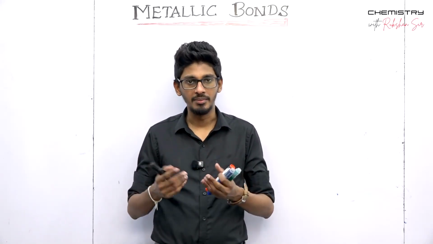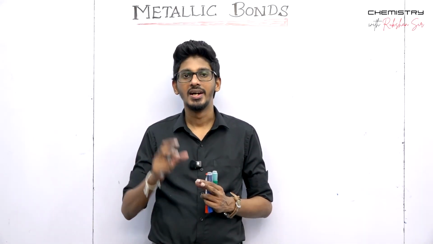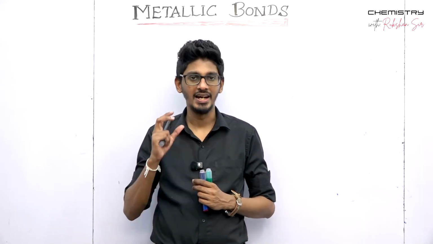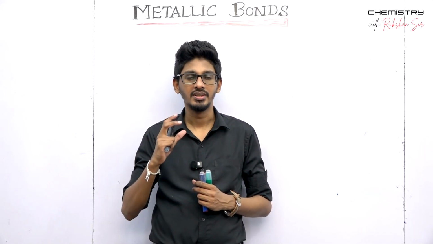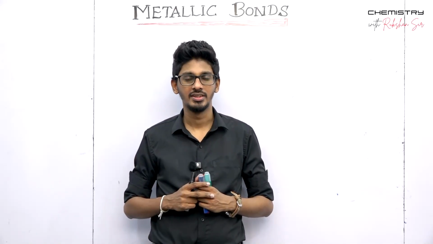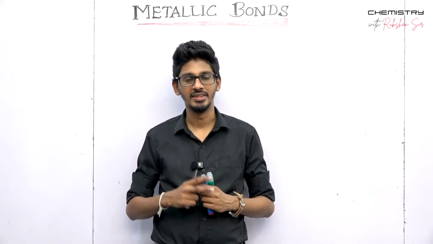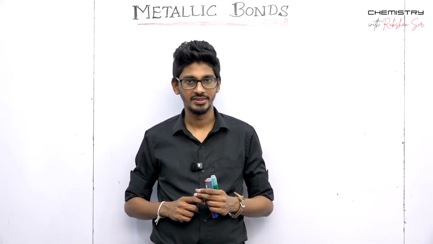When it comes to primary bonds, we have three types: covalent bonds, ionic bonds, and metallic bonds. We have done the discussion about the covalent and the ionic bonds. Today we are going to discuss the metallic bond, the third and the last type of primary bond.